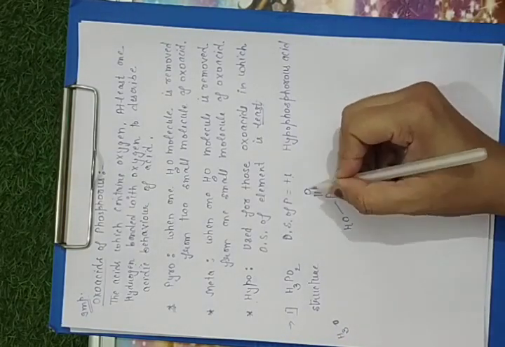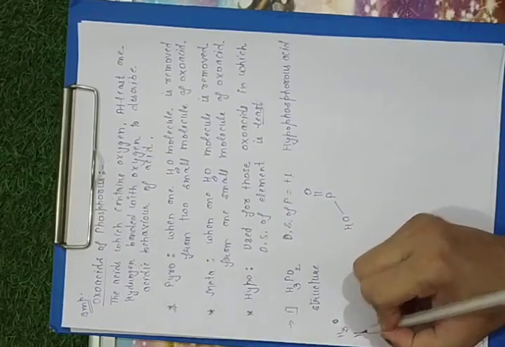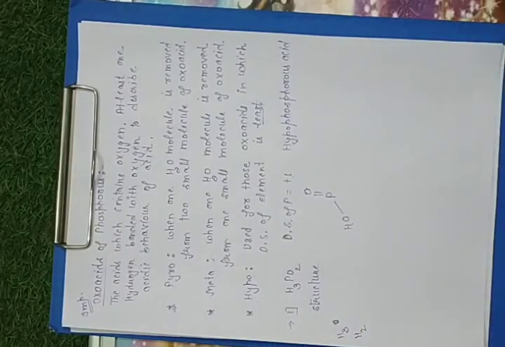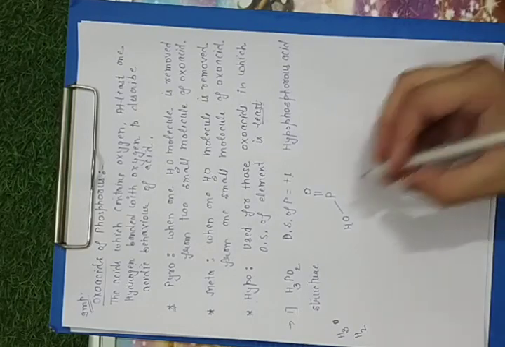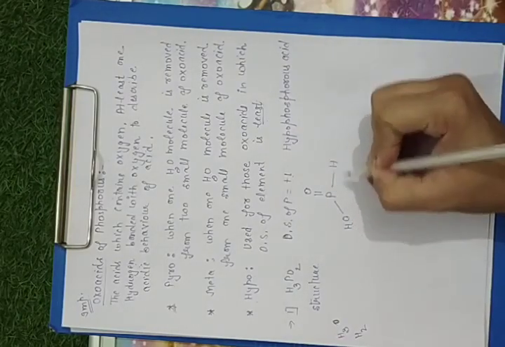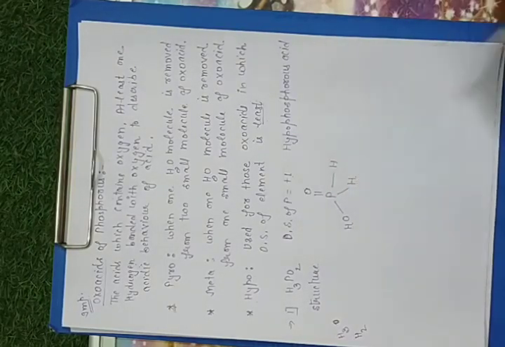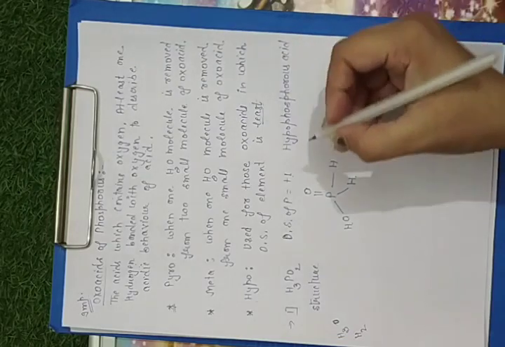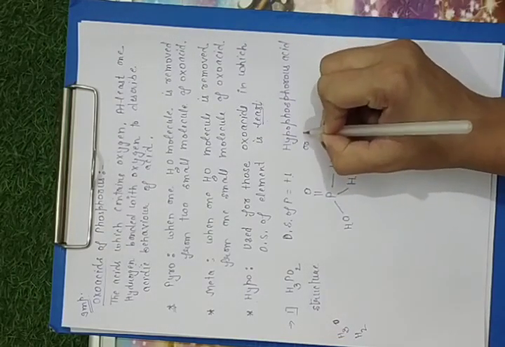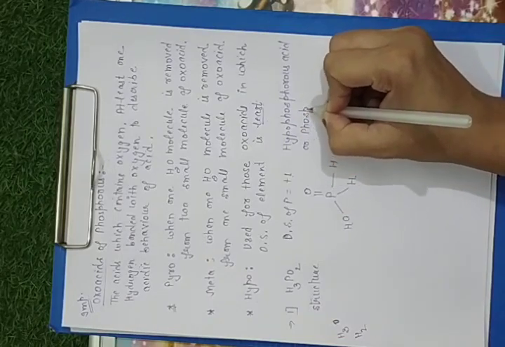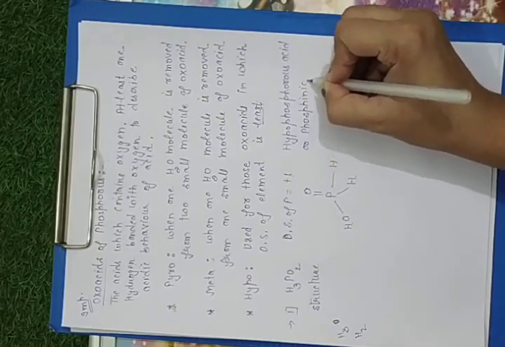After adjusting these elements, we are remaining with 2 atoms of hydrogen. So these 2 atoms are directly linked with the phosphorus. This is the structure of hypophosphorus acid. It is also named as phosphinic acid.